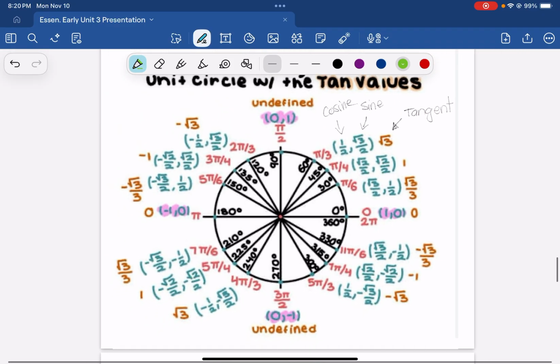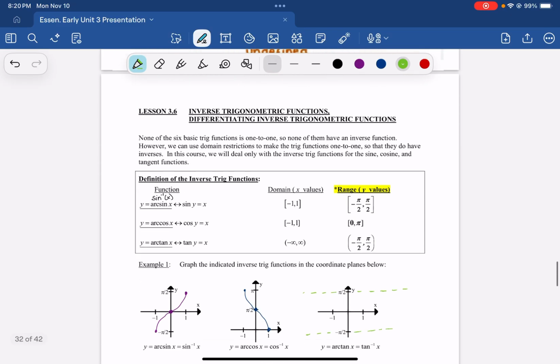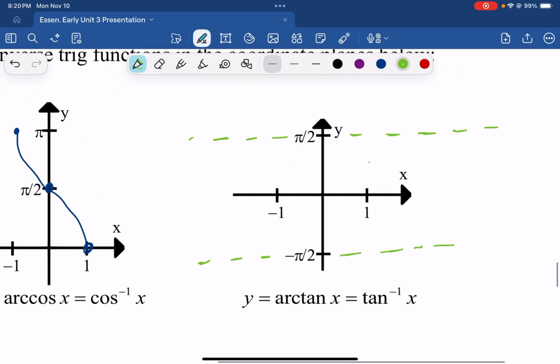Here's my unit circle with tangent values. At π/4, our tangent is 1, so arc tangent of 1 is going to be π/4.